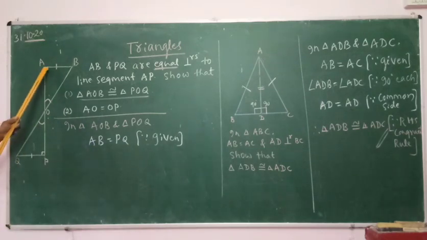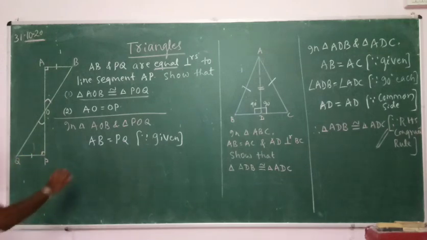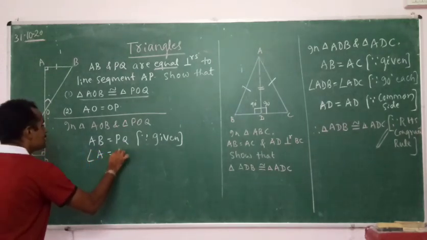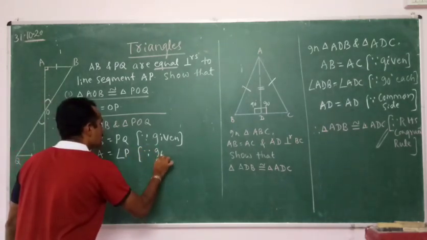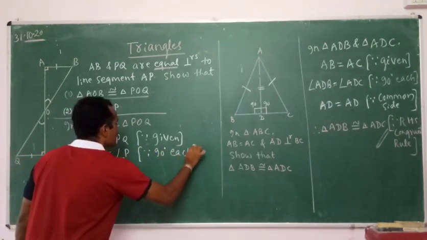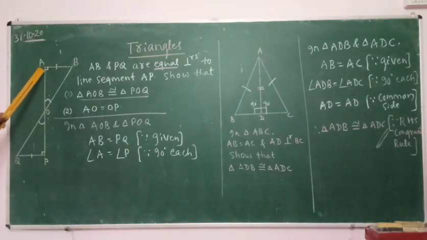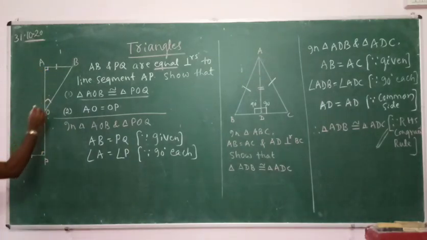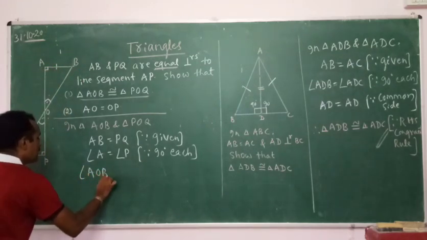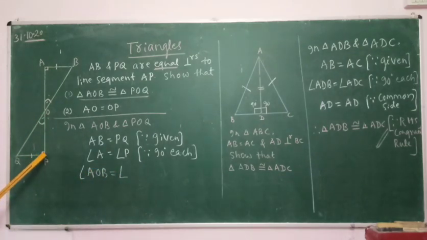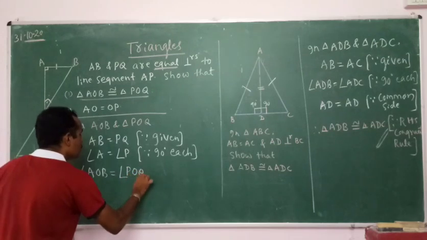From the first triangle, this angle is 90 degrees. From this triangle, this is also 90 degrees. Angle A is equal to angle P, because 90 degrees each. Further, these two angles are equal: angle AOB is equal to angle POQ.